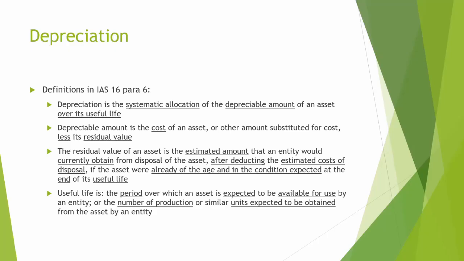Okay, then the definition of the useful life, that is the period over which we expect to have this asset available for use. That is if we are using the period of time, so number of years. Alternatively, we can use units of production.